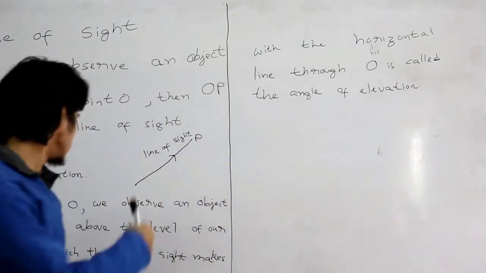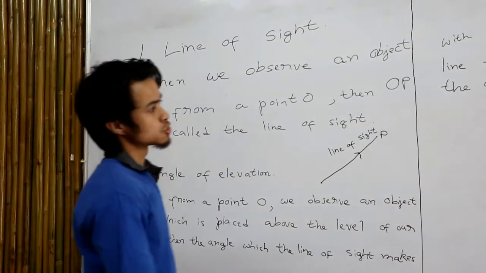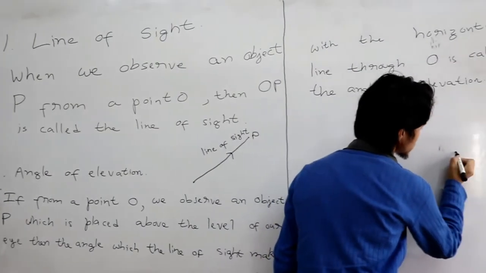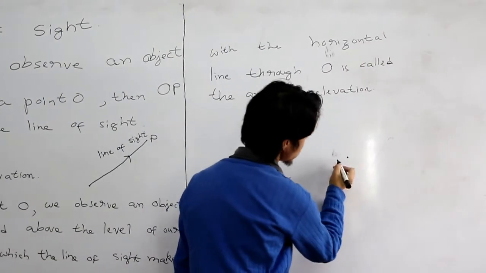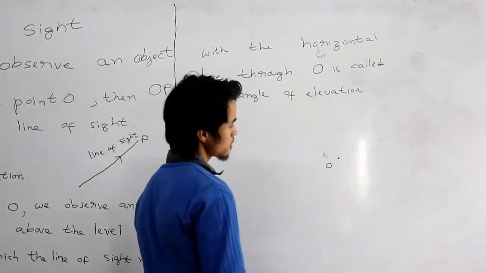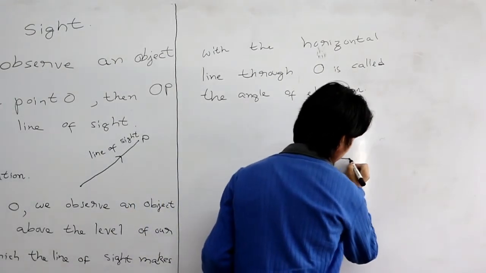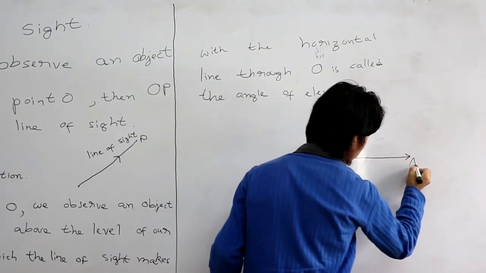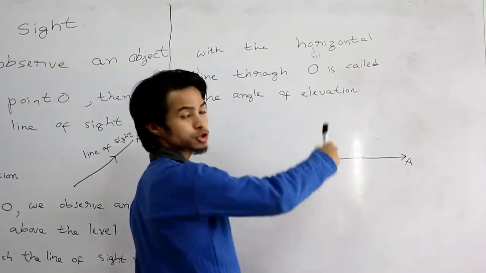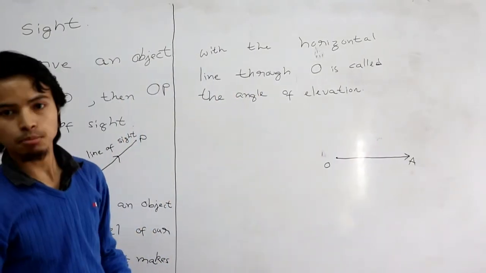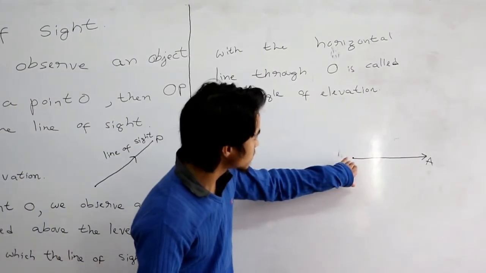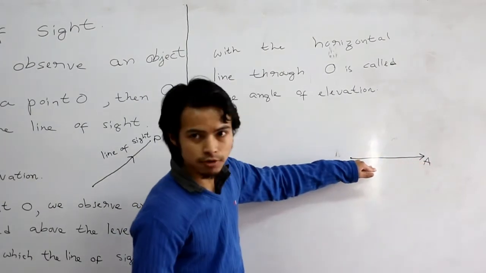So let me explain to you the meaning of this definition. Suppose we are standing at this position, and suppose we name this position as point O, and this will be the horizontal line to the point O. And suppose we are observing an object which is placed above the level of our eye. Suppose we are standing in this position, then this will be the level of our eye.